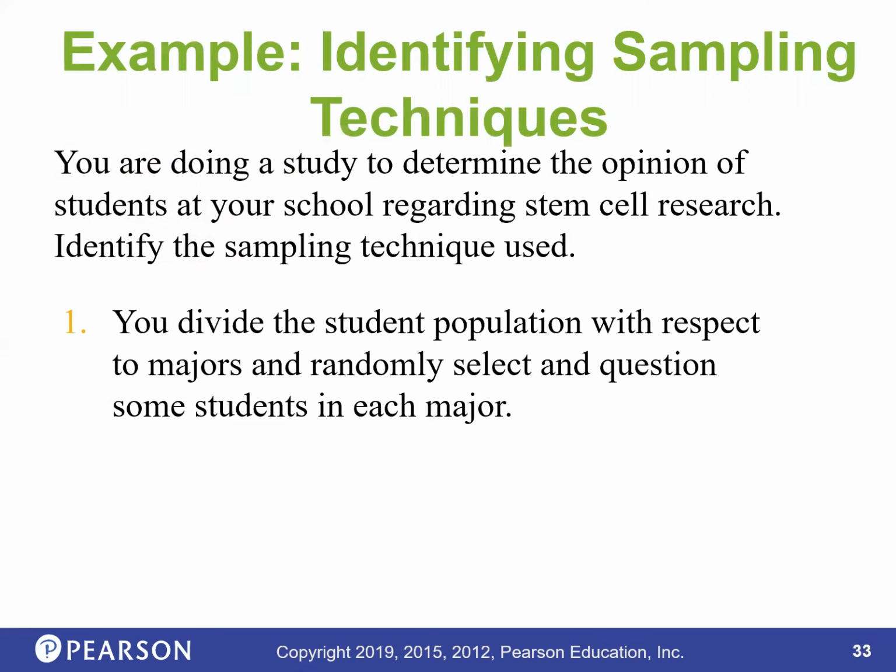Starts with S. I go stratified sampling, right? There was at least some kind of organization there, and then randomly select the ones in that organization. It was stratified sampling.